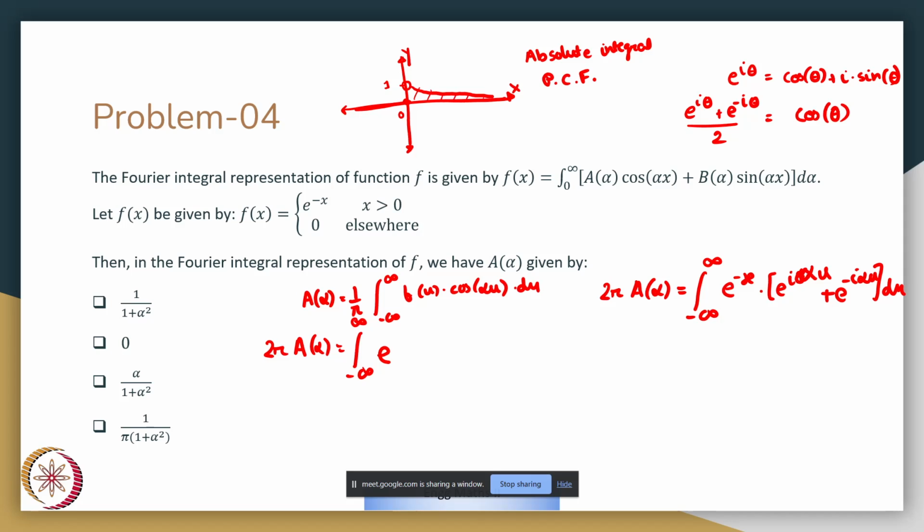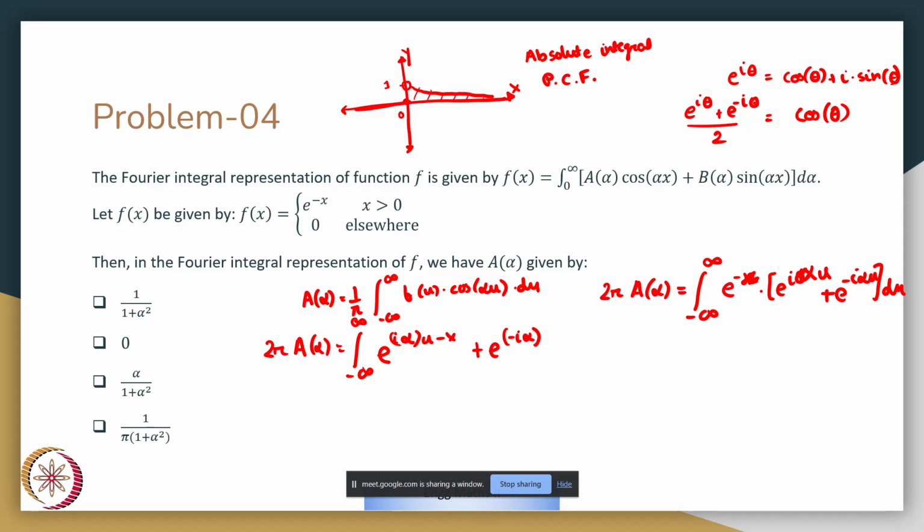of e raised to (i alpha minus 1) u plus e raised to (minus i alpha minus 1) u du.